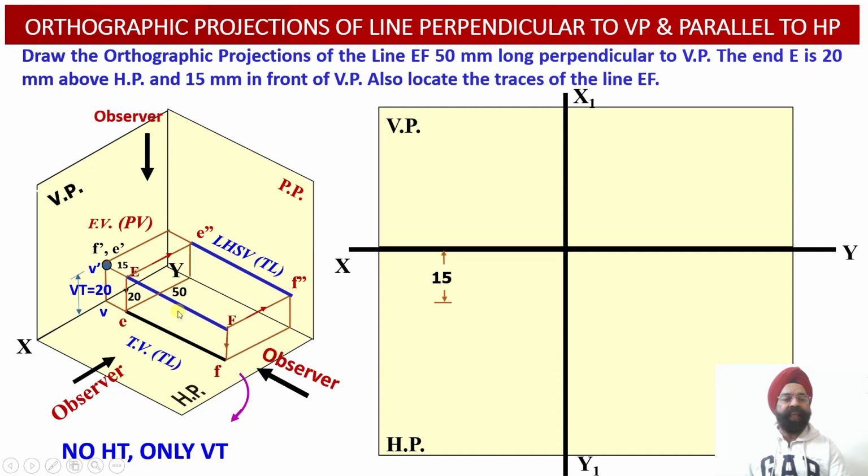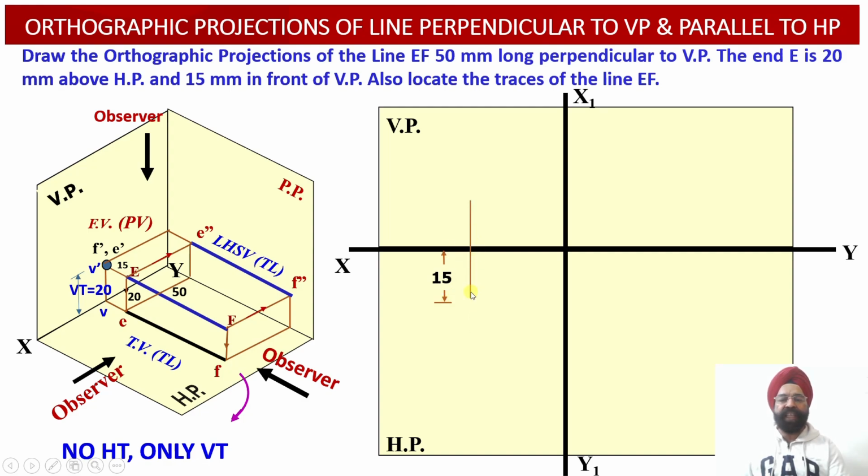So we know that this horizontal plane contains this true length projection of the top view, which is 50 millimeter, and this end E is located 15 millimeter in front of the vertical plane. This distance 15 millimeter we have marked over here.